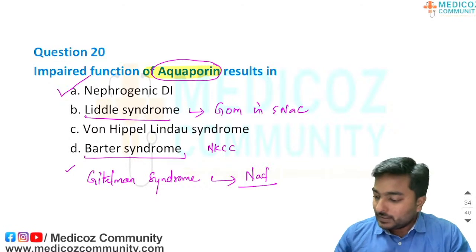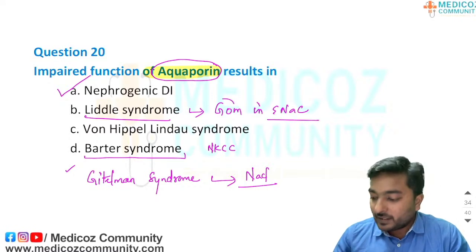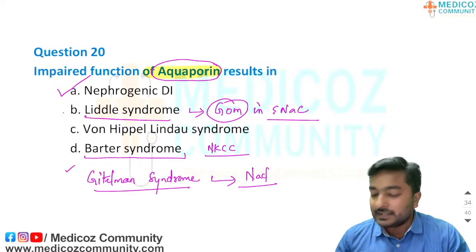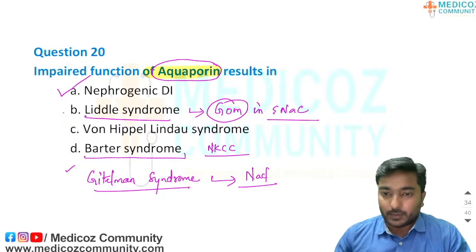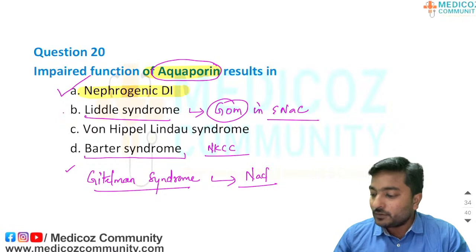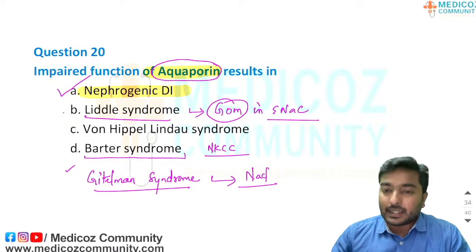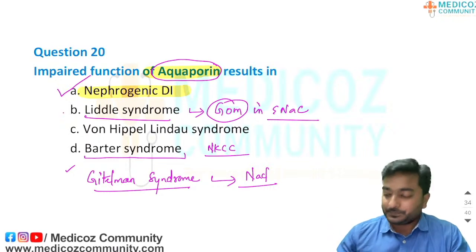So ENaC gain-of-function is Liddle, Bartter is NKCC in the thick ascending loop, and Gitelman is NaCl in the distal tubules. Nephrogenic diabetes insipidus is the answer for this question, where there is impaired aquaporin insertion in the collecting duct and the late part of the distal tubules.